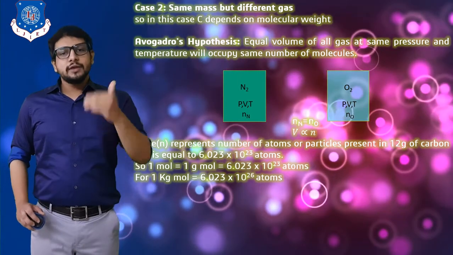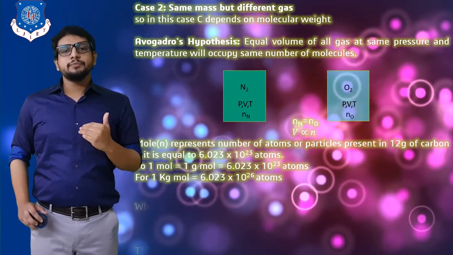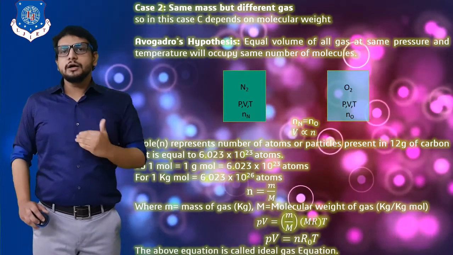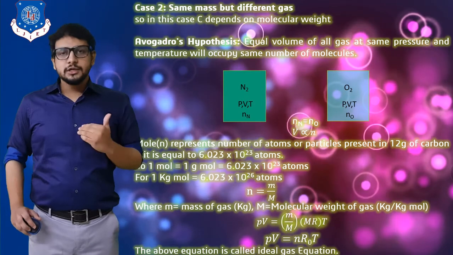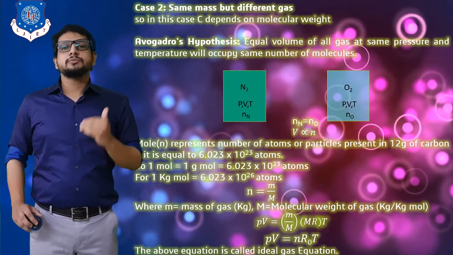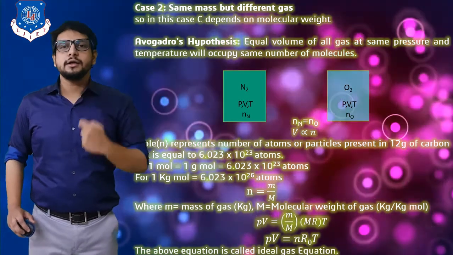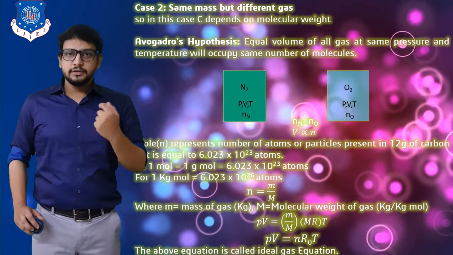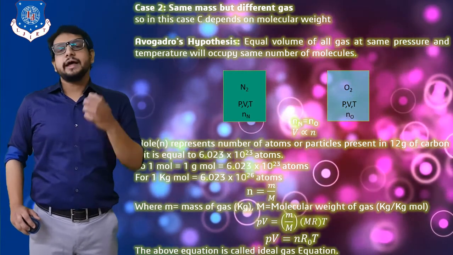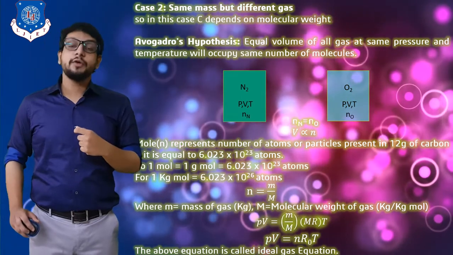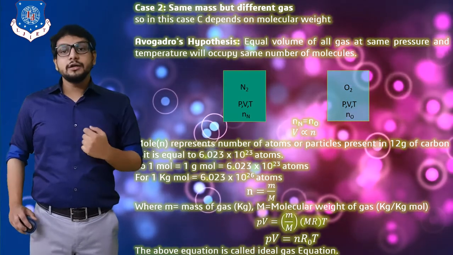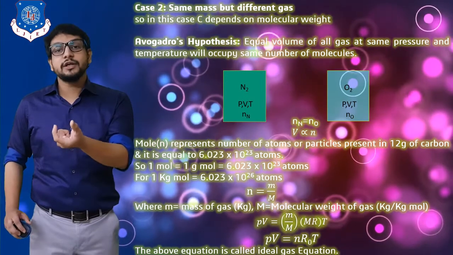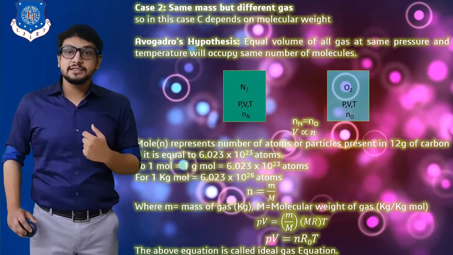Now let's derive our further equation. As you can see on your screen, the formula to determine the number of moles is small m by capital M. Small m is the mass of a gas having unit kg, and capital M is the molecular weight of a gas having unit kg per kg mole. For example, take oxygen gas, O2.